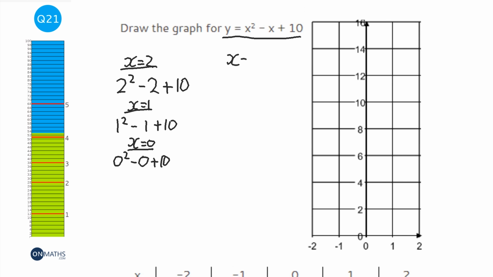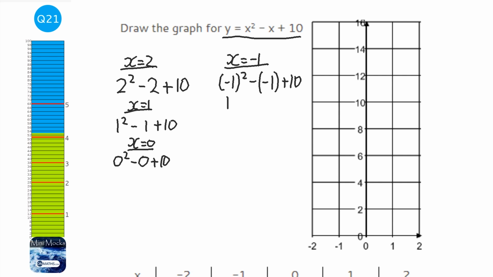Now when x is negative 1, we've got to be careful. If you type this into your calculator, make sure you put any negatives in brackets, otherwise it will get that wrong. So negative 1 squared is 1, and if you don't put it into brackets, the calculator will assume that it's minus 1, because it will square the 1 first and then put a minus before it.